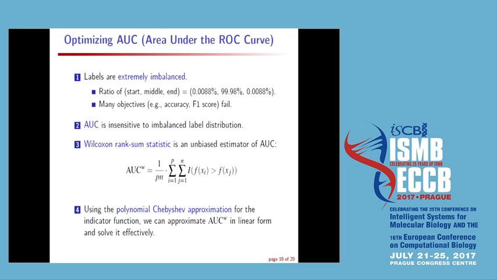This statistic requires computing a large number of indicator functions, which is very inefficient in practice. So we use the polynomial Chebyshev approximation for the indicator function. This ends up with a linear form and can be solved very efficiently in practice. This solves the label imbalance issue.